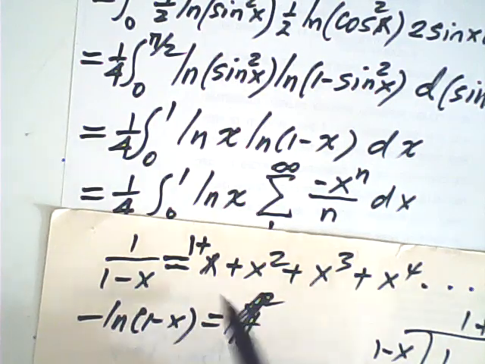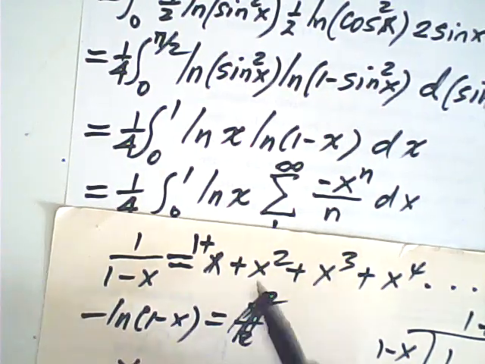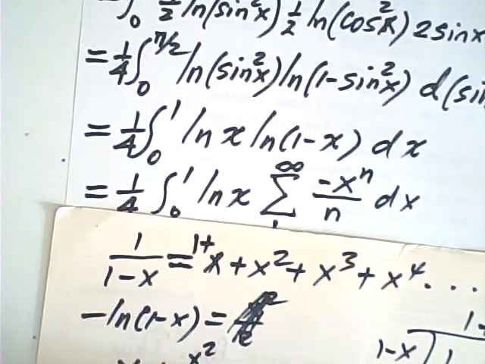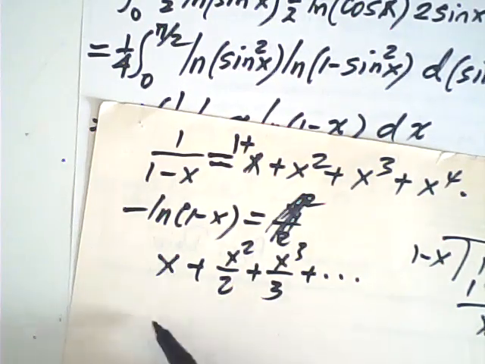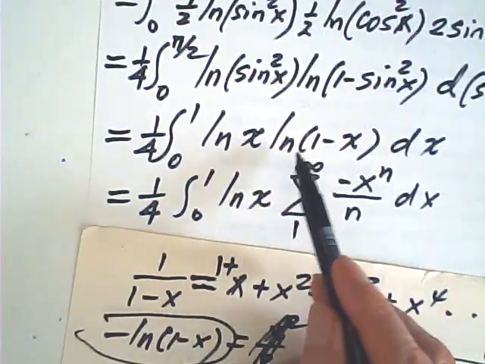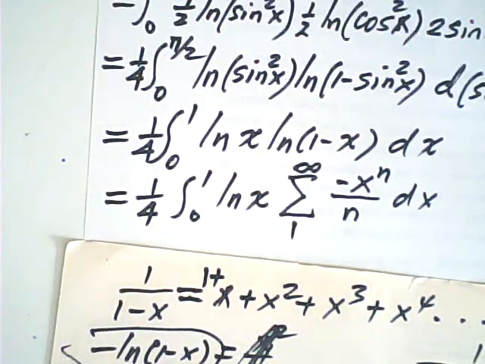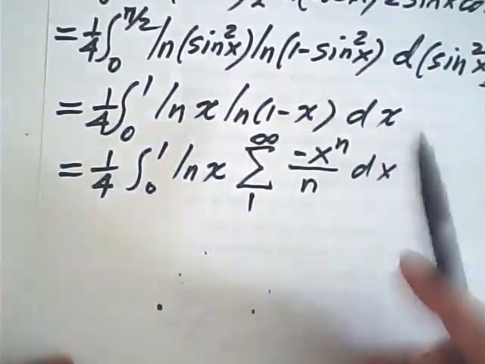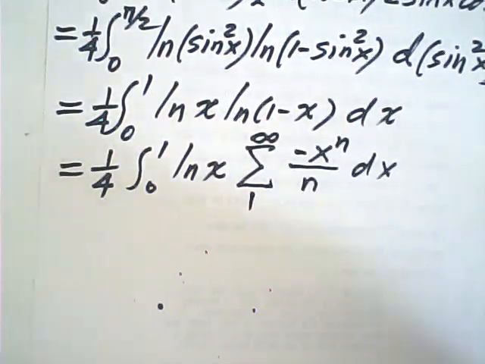So the first term integral is x, the second one is half x squared, then a third x cubed, and so on. So that will be equal to sigma of x to the n over n. Since this is negative, positive log of 1 minus x equals negative that. See, that is my own experience of memorizing this expansion.